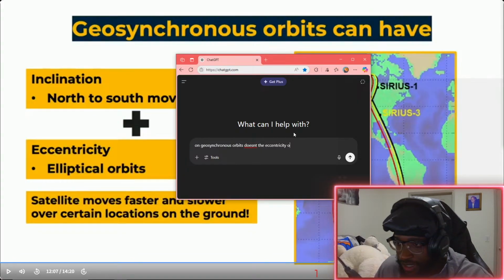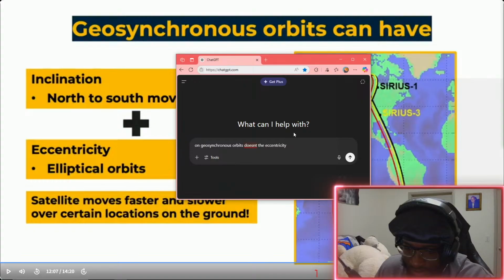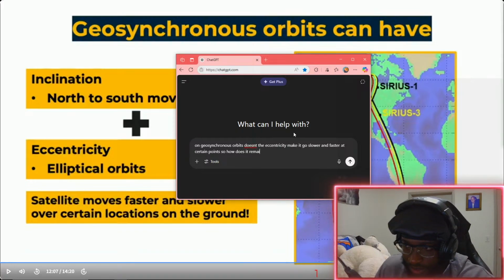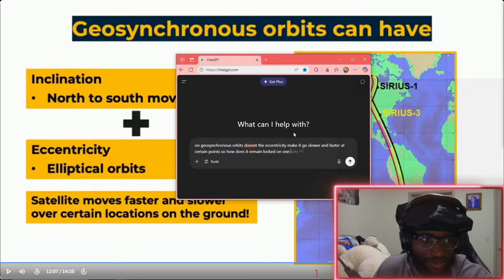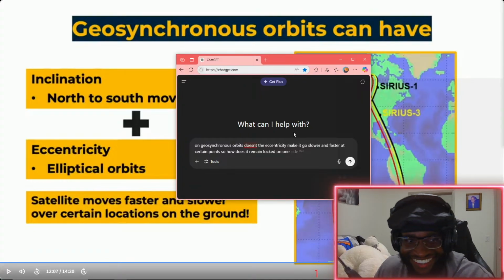That's not what I want to ask. That's not eccentricity. It makes it go slower and faster at certain points. So how does it remain locked on?